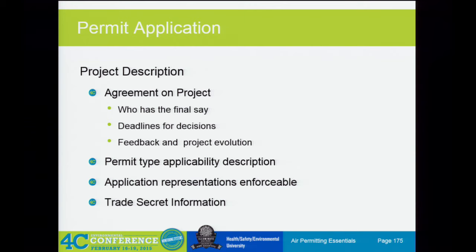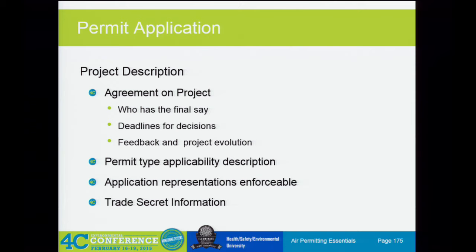Within your project, you should be working with all the members that are involved to figure out who has the final say on major decisions. What are the deadlines for these decisions? When do the decisions need to be made? When do things need to be complete? What are the phases of the permitting project itself? There's the major project, but there's also the permitting project. What are the phases?